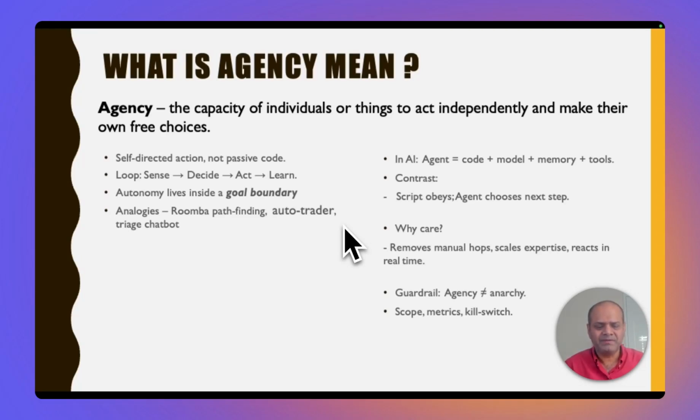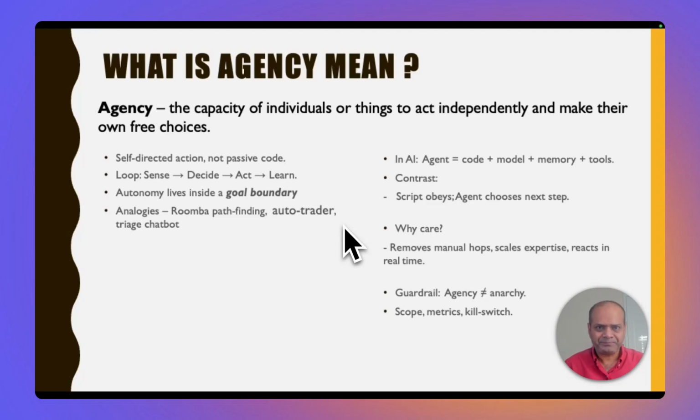So the system is in a loop to continuously achieve a goal, like a Roomba pathfinding robot which looks to clean up your home, or an auto trader bot which tries to maximize the profit, or a triage chatbot which tries to find the right place for a patient to navigate.